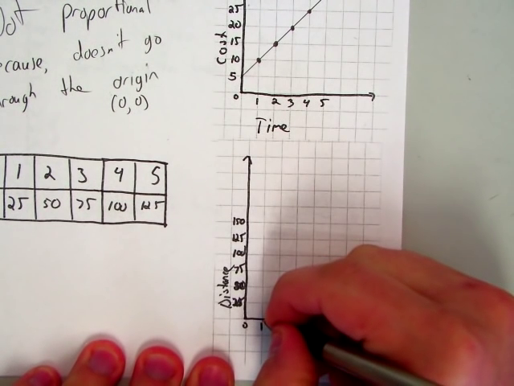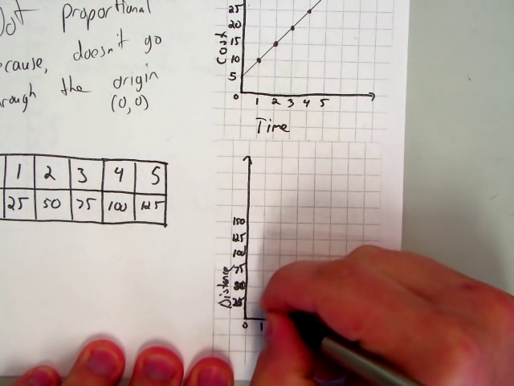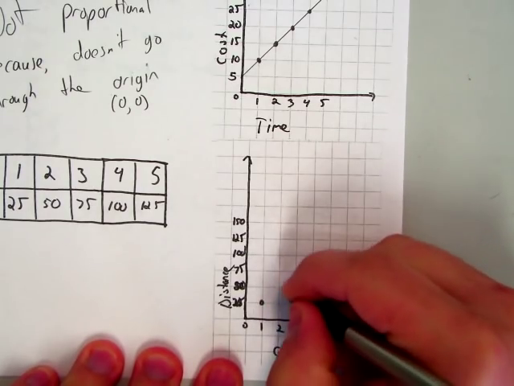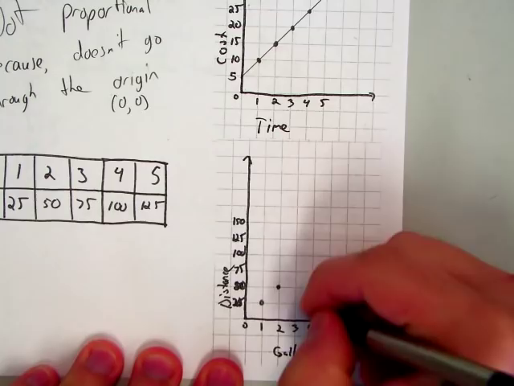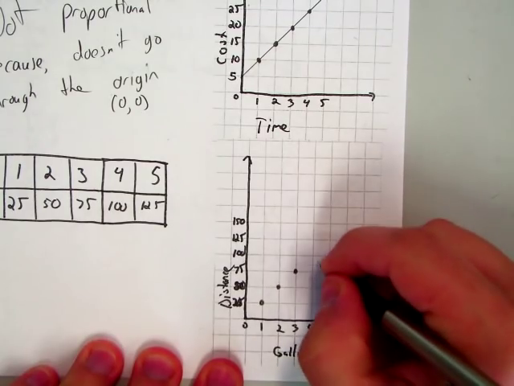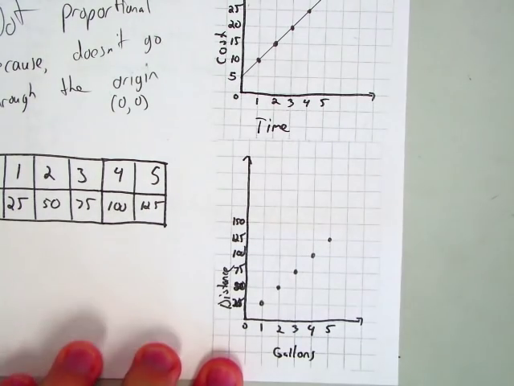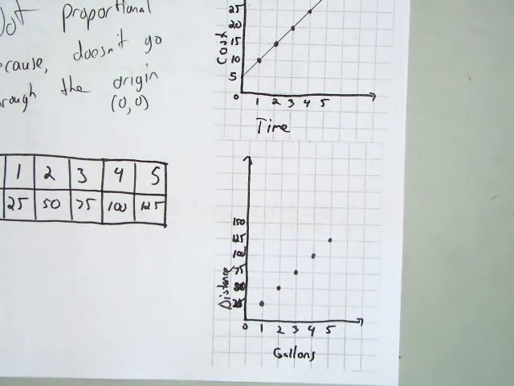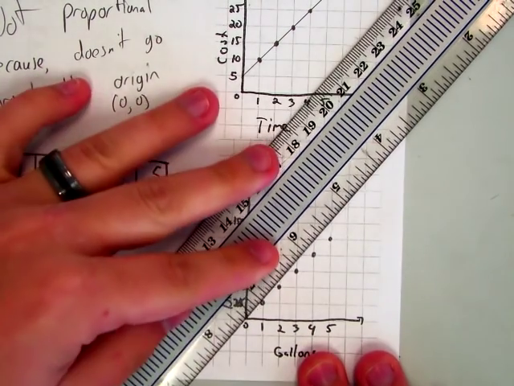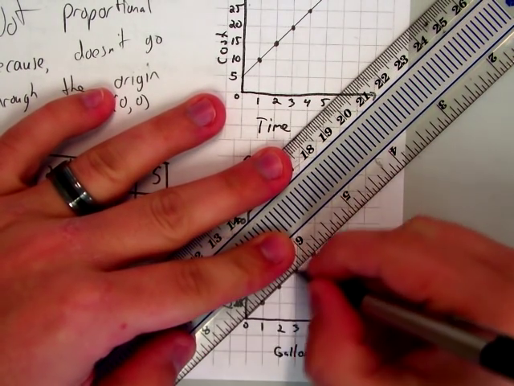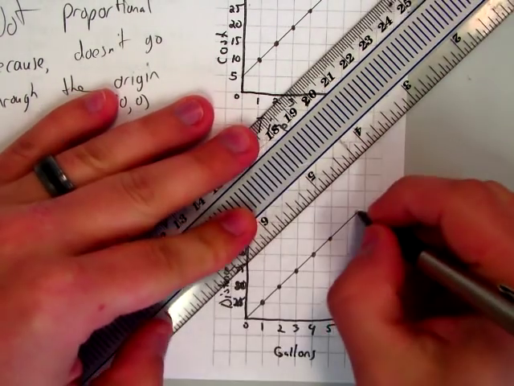So I go to the right 1 along the x-axis and up to 25. That's right here. The next one is over 2 up 50, over 3 up 75, 4, 100, and 5, 125. I'm going to use my ruler here again to graph and connect these dots with a line.